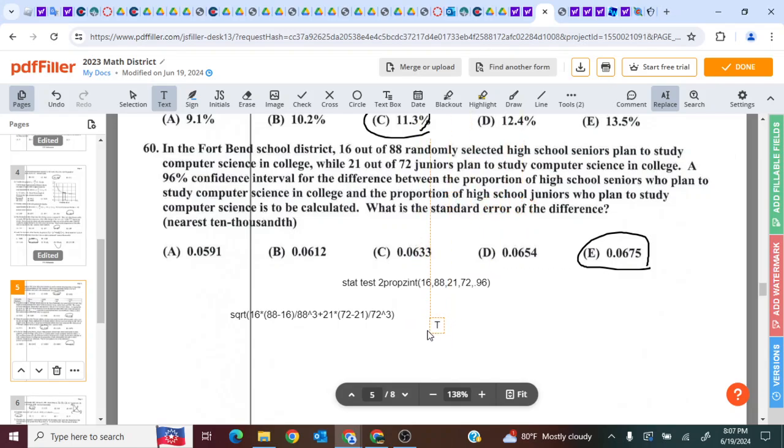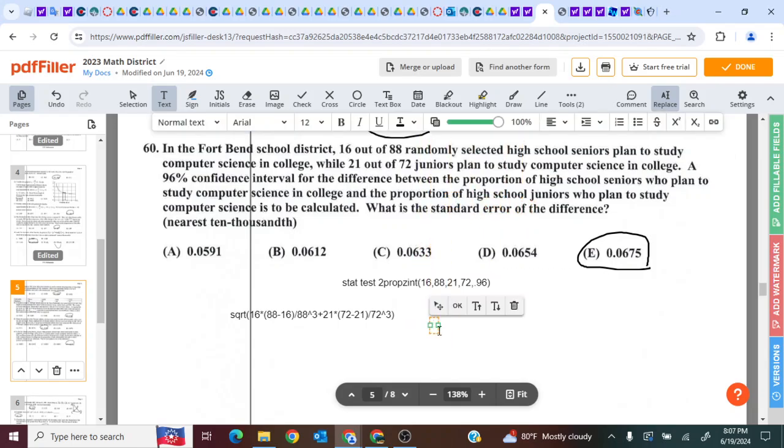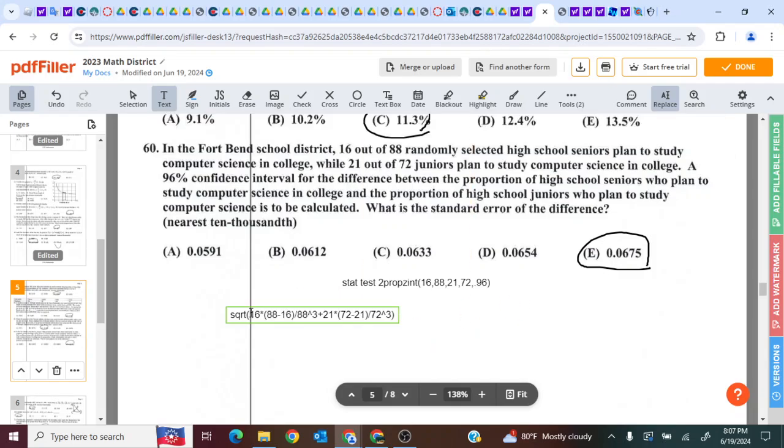So in this case, like we discussed before, the standard error of a probability is your percent chance of it happening, so 16 over 88, times your percent chance of it not happening, 88 minus 16 over 88, divided by your total population size of 88. Then you do the same thing for this 21 over 72.